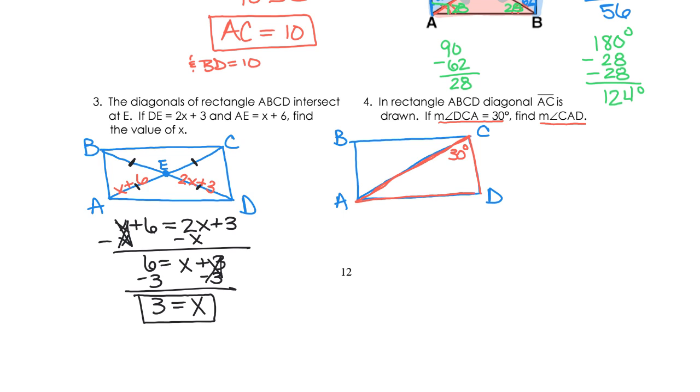C to A to D is here. All right, so if you remember that this is a rectangle, that this is a 90-degree angle, and so in this red triangle that we have here, 180 degrees, take away the 90-degree angle, take away the 30-degree angle, is going to leave us with 60 degrees left, and that is angle CAD.